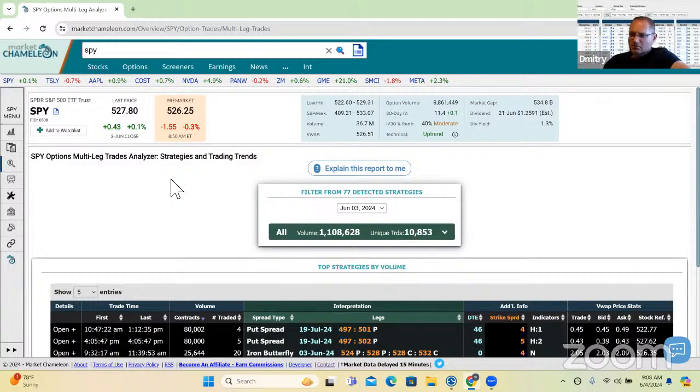Once we separate them and we have them in this bucket, the question is, okay, what was the strategy? On the trade tape, it doesn't really report the strategies. Even if you enter a call spread, the OPRA feed doesn't identify it as a call spread.